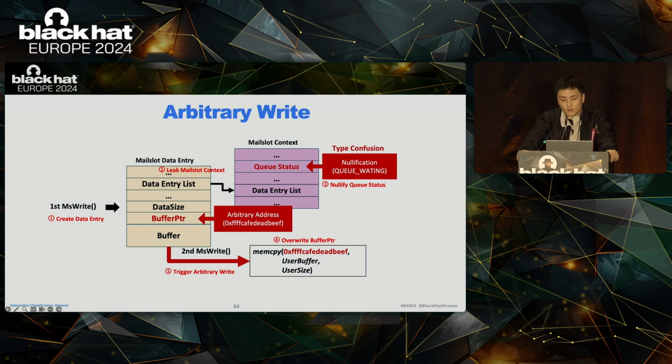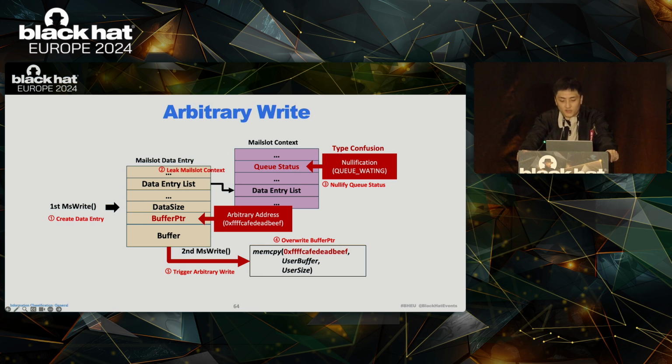This diagram shows how an arbitrary write is achieved through the Mailslot object. First, we create a Mailslot data entry with the initial write. Then, we leak the Mailslot context address by following the data entry list to access and manipulate internal members like queue status.